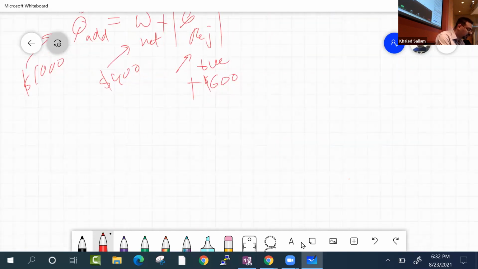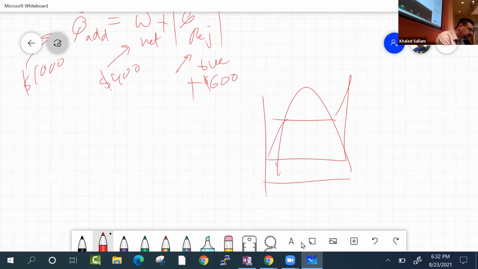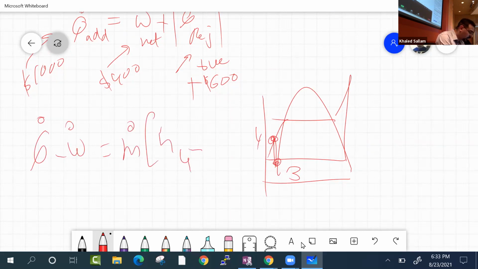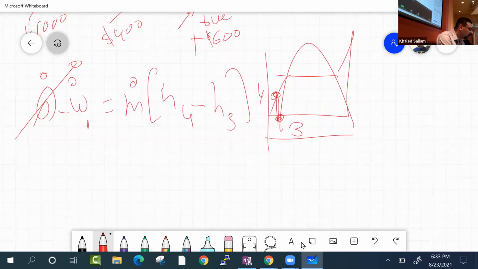Now, the last part, the pump. So the pump takes you from 3 to 4. And if I do Q dot minus W dot, first law, m dot, and I'm going to say output minus input, 4 minus 3. The pump is adiabatic, so Q goes to 0, and the work pump will be m dot (H3 minus H4).